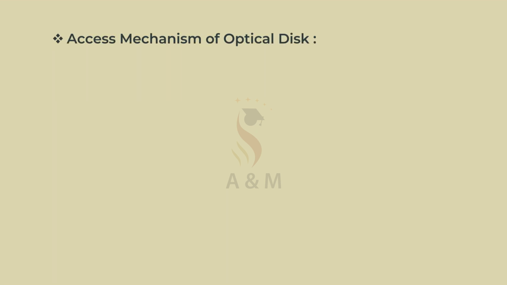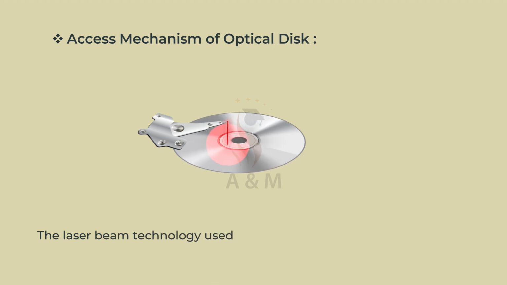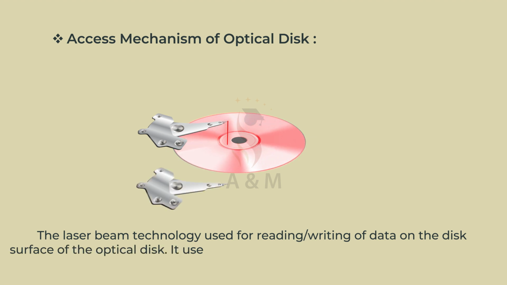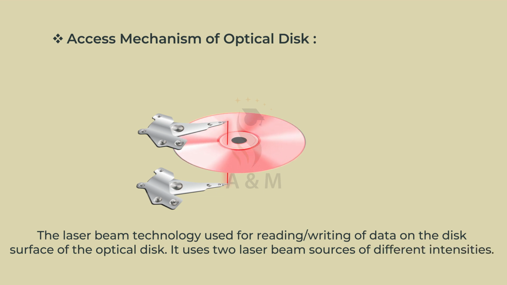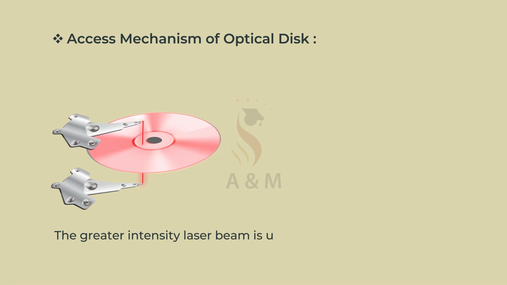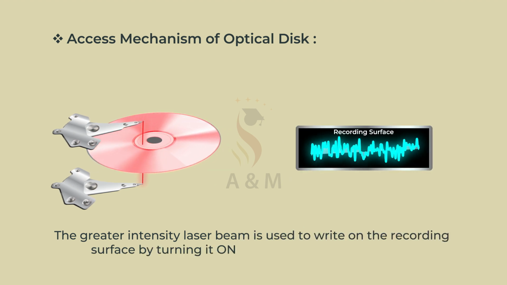Access mechanism of optical disc. The laser beam technology is used for reading or writing of data on the disk surface of the optical disc. It uses two laser beam sources of different intensities. The greater intensity laser beam is used to write on the recording surface by turning it on and off.